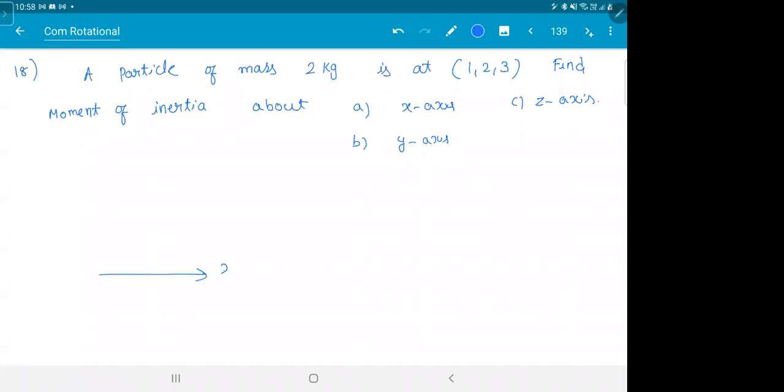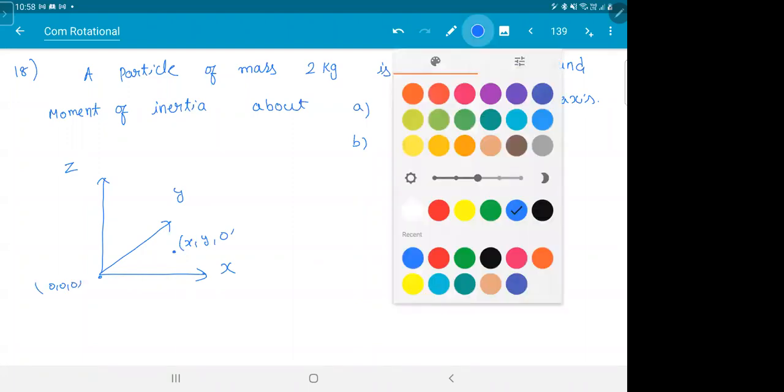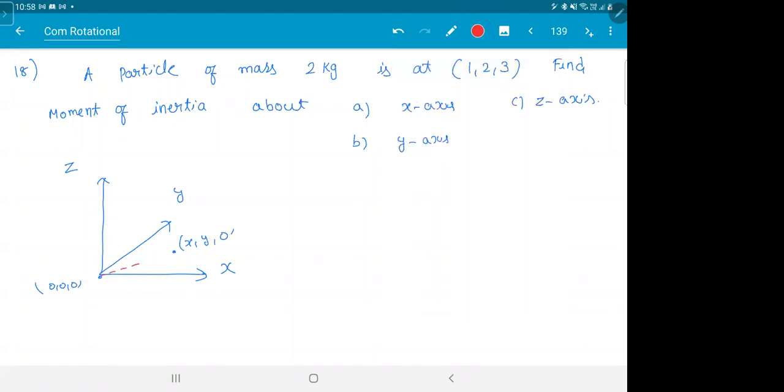If this is x-axis, y-axis, and z-axis, and let's say there's a point here, x comma y comma 0, and this point is the origin. If both the points are on the same plane, this is the perpendicular distance. Agreed? That's your R perpendicular. How much? Root over x square plus y square.